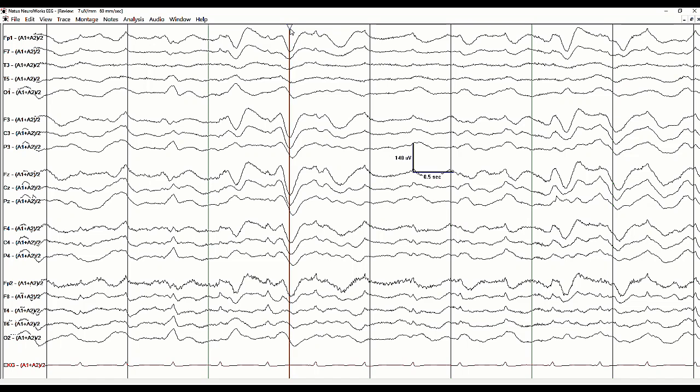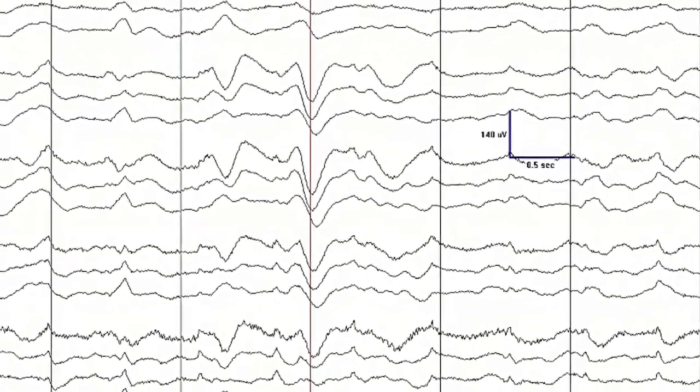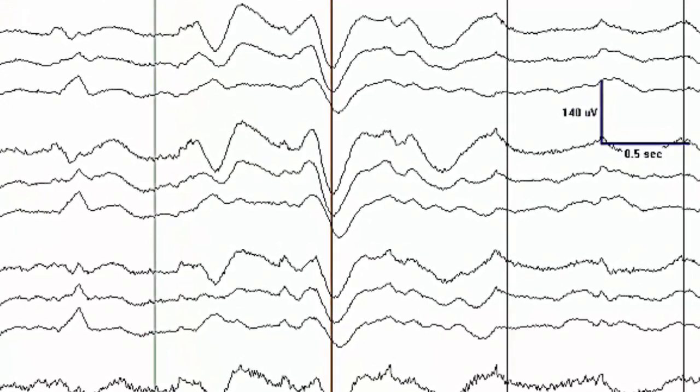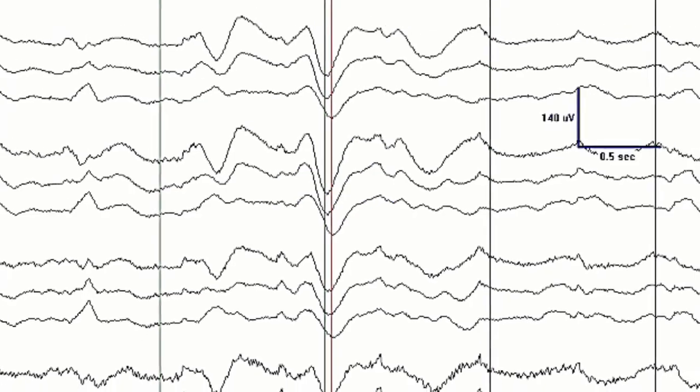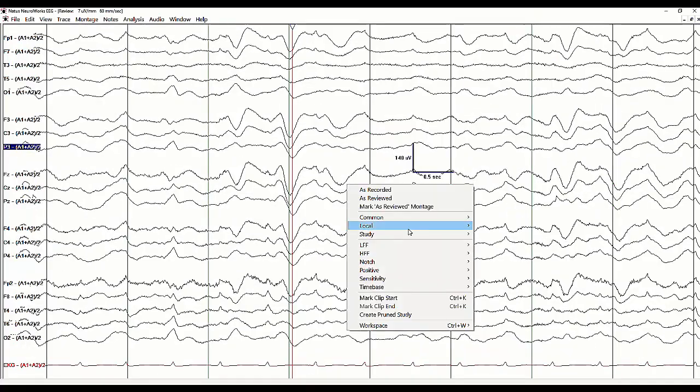See how the peak right here in the FC channel is approximately where I have the sweep edge, but then that peak shifts a little bit to the right as you move posteriorly, say for example to CZ, or you could say C4, and then a little bit more to the right as you move posteriorly further to P3. So there's a little bit of a lag there. It is better to see sometimes if you do zoom in or increase your time base.